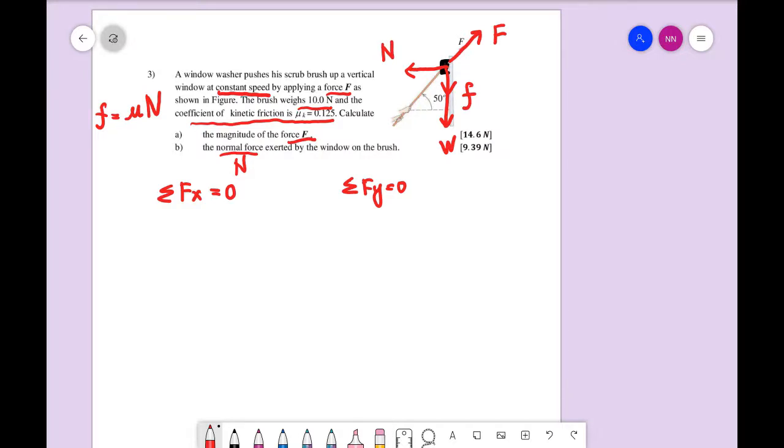So we have friction and W on the y-axis and normal on the x-axis, and F is tilted, so we have to resolve F into x component and y component.